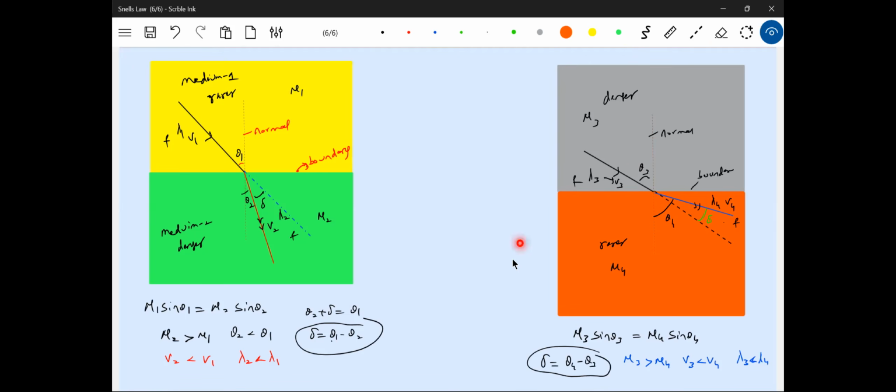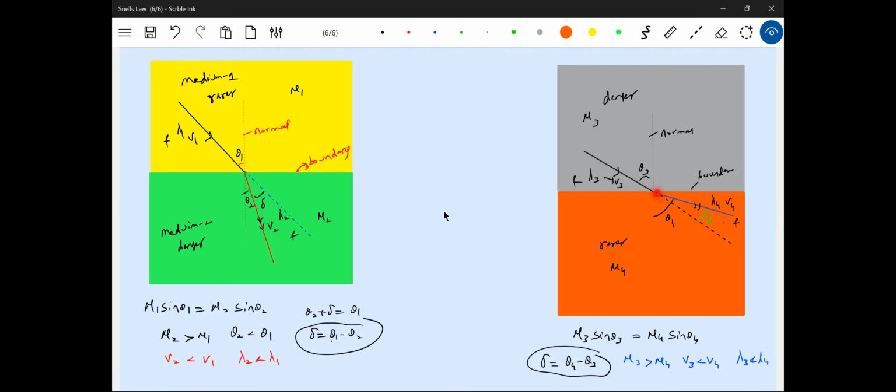So when a ray of light moves from denser to rarer medium, the deviation is angle of refraction minus angle of incidence. When a ray moves from rarer to denser, the deviation is angle of incidence minus angle of refraction. Like this, we have defined the primary conditions here.